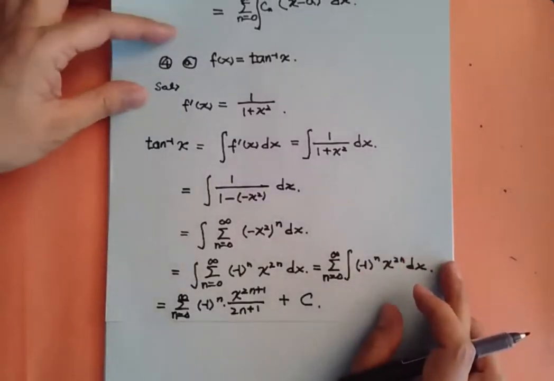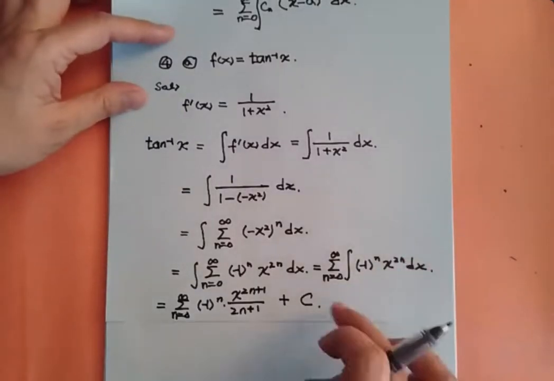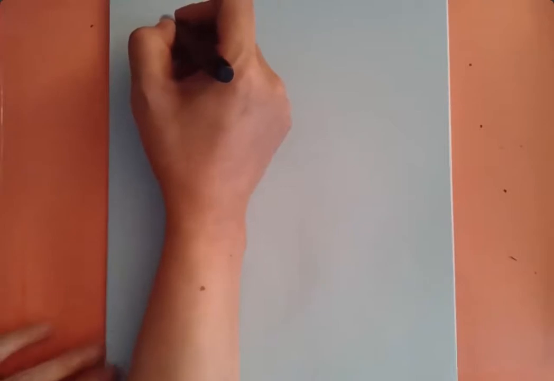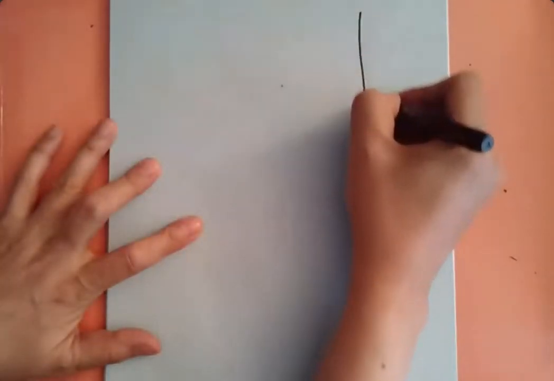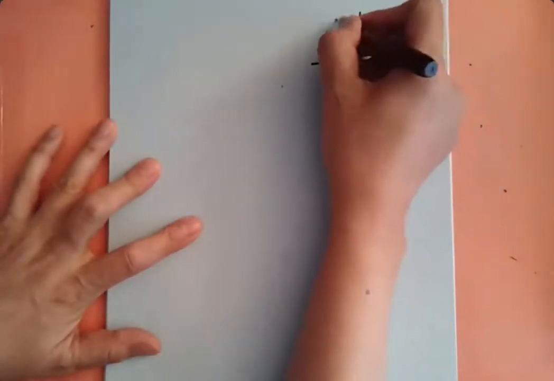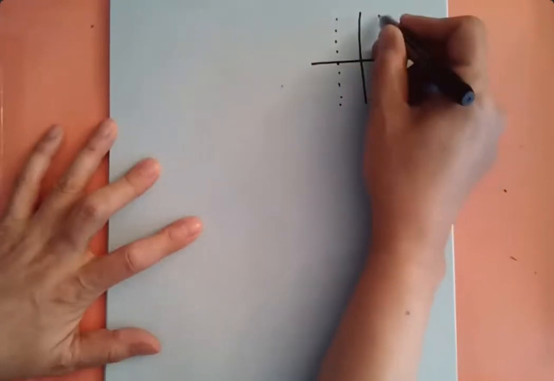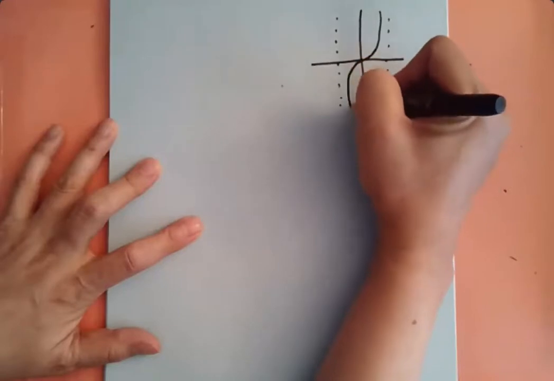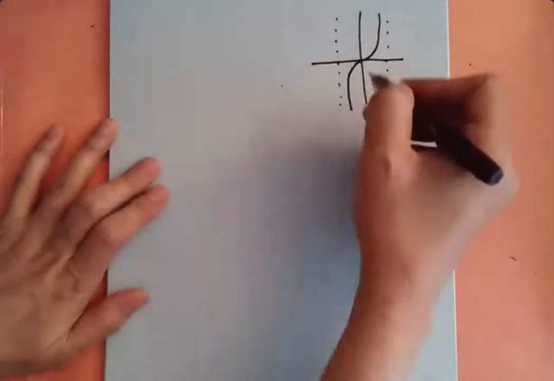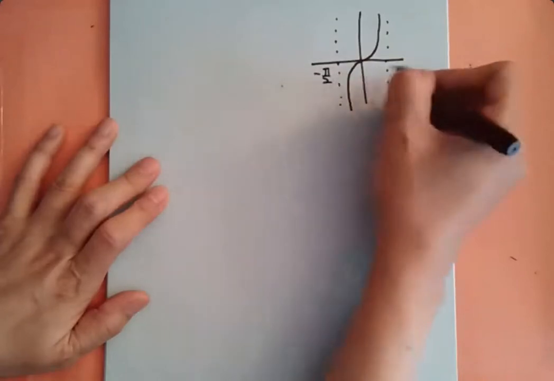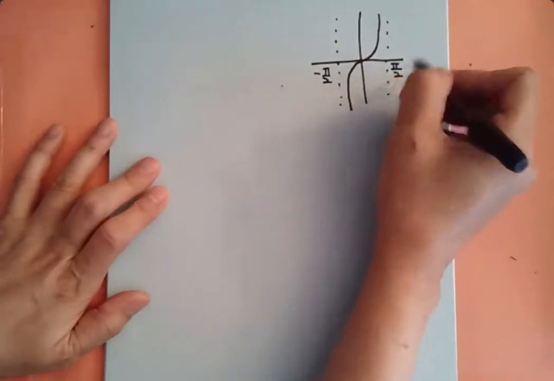Now we have to determine c. What we know about the tangent is that the graph of tangent looks like this. So this is minus pi over 2. This is pi over 2.